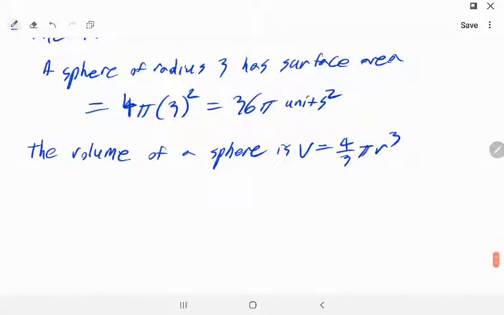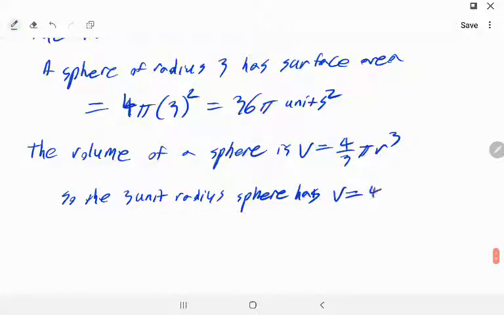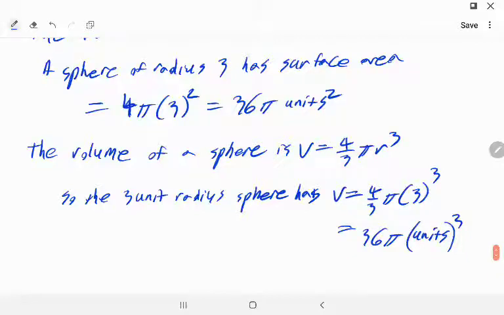So the volume of that 3-unit radius sphere, the same 3-unit radius sphere, has V equal to 4/3 pi times 3 cubed, so we end up getting 36 pi units cubed. So you notice that's kind of unique to 3.